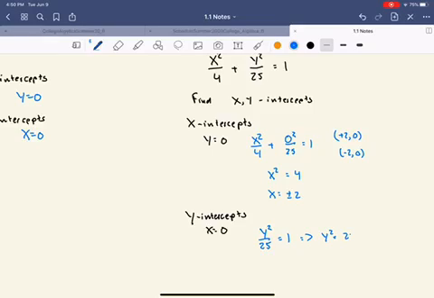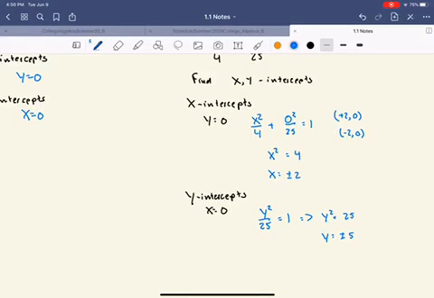Y squared equals 25. Y equals plus or minus 5. Okay, so you get the points 0, positive 5, 0, negative 5.